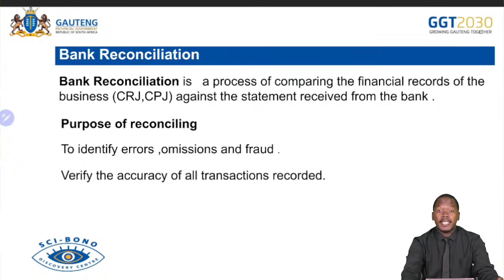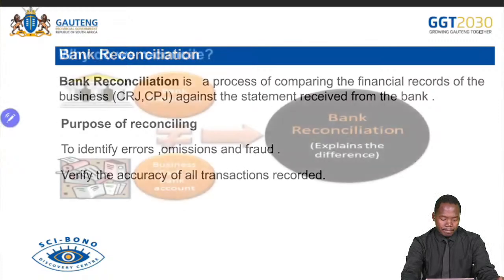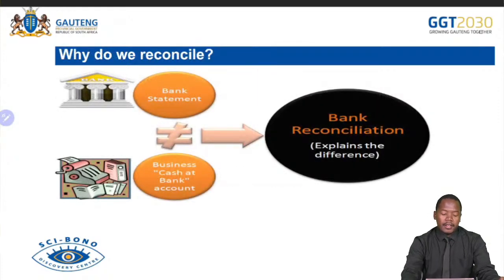Because if we don't do that, we may lose money and people may steal from us. Now, the reason why we are reconciling again is that our bank statement is not the same as our business cash at our bank account.